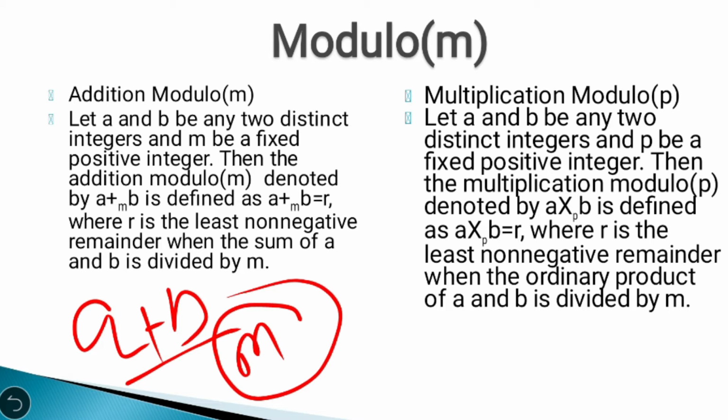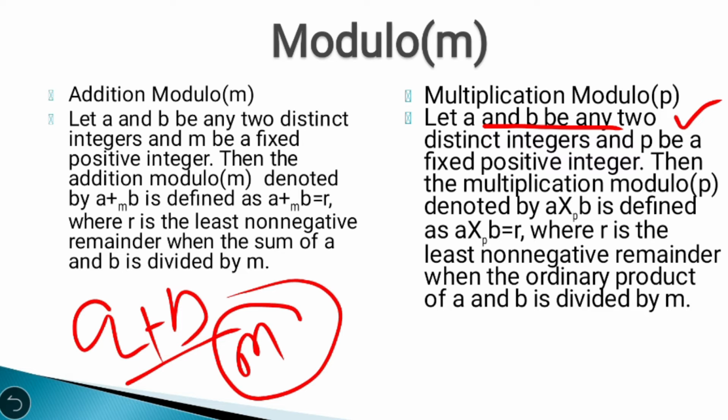The same definition applies to multiplication modulo, but in this case we multiply both the numbers. Let a, b be two distinct integers and m be a fixed positive integer. The modulo under which we are calculating should be fixed.